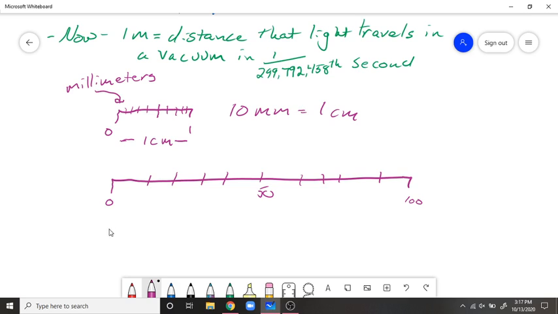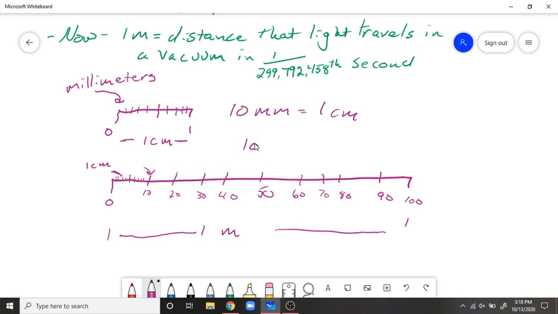Now the distance between 0 and 100 is 1 meter, and each of these little tick marks has 10 little lines in between them, and these little lines are each 1 centimeter.